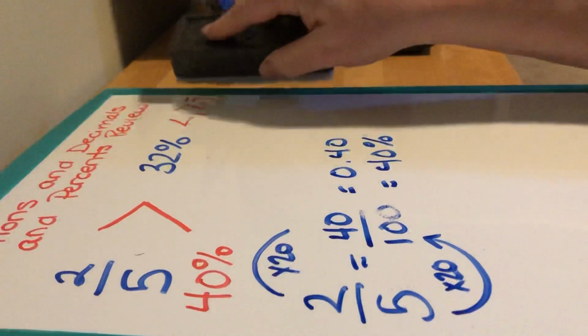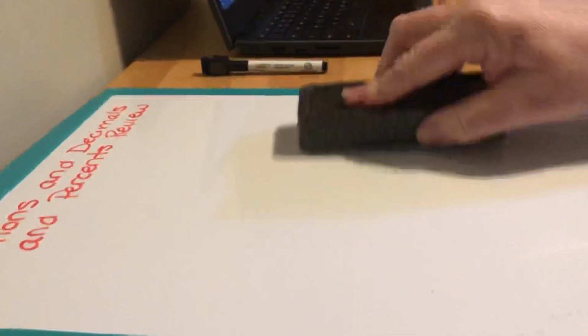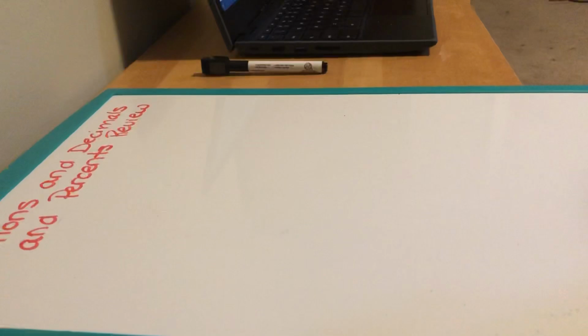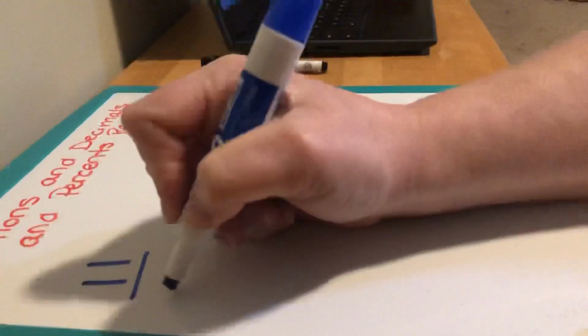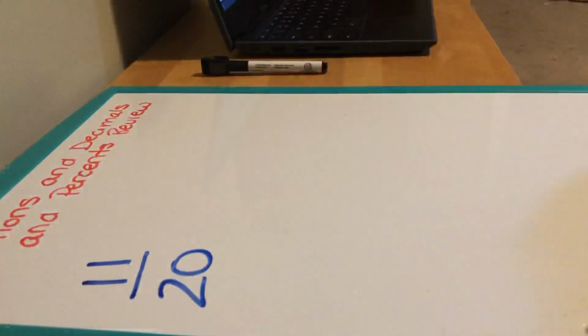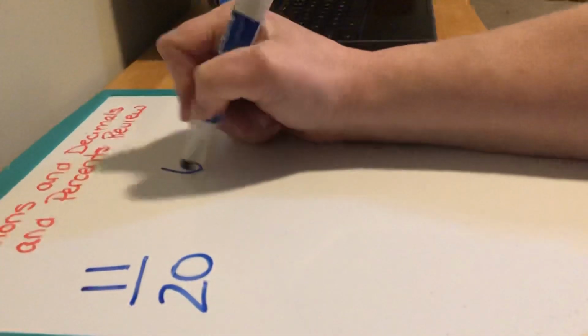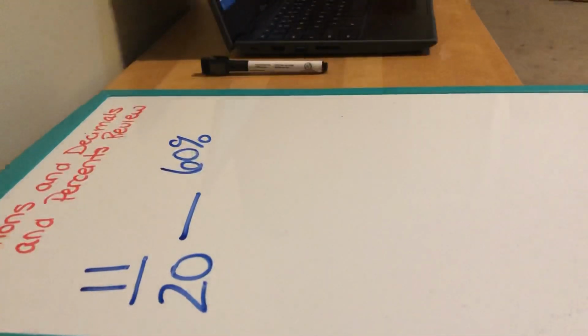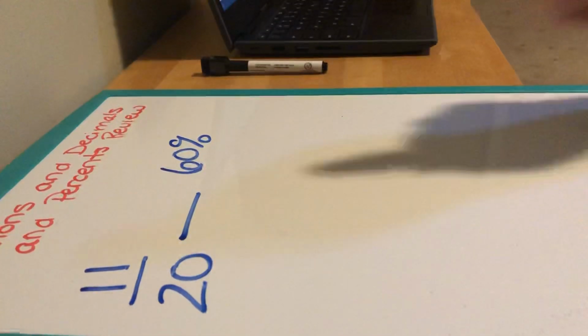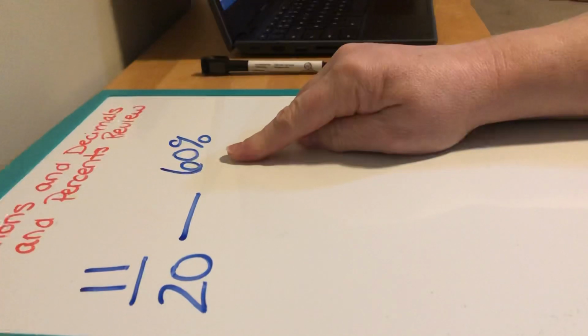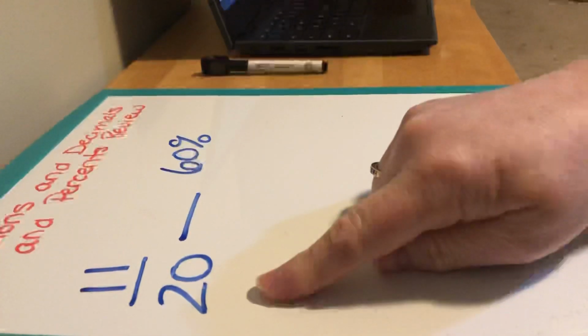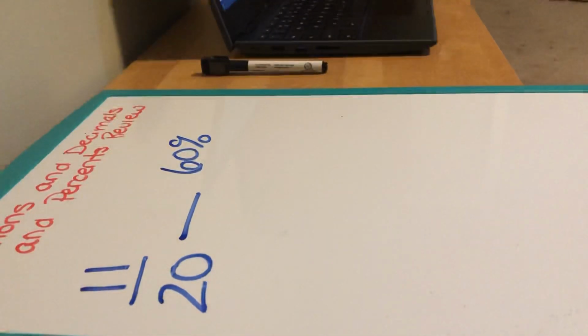Let's try the next one on that page. All right, the next question is 11/20 compared to 60%. Okay, and we need to know which is bigger. Again, the percent is already in a nice easy spot, so let's change the fraction to a percent.